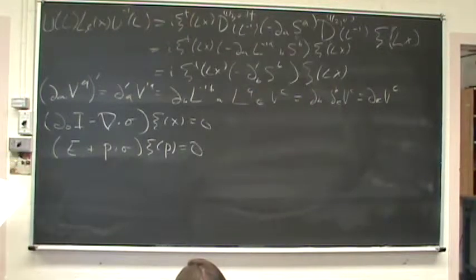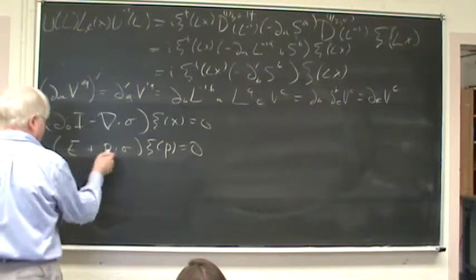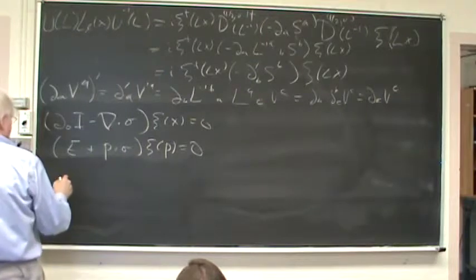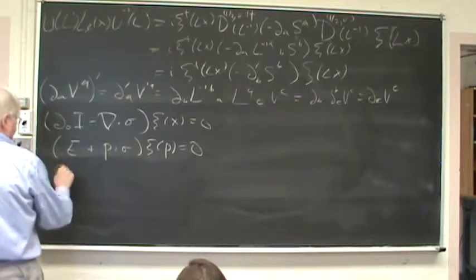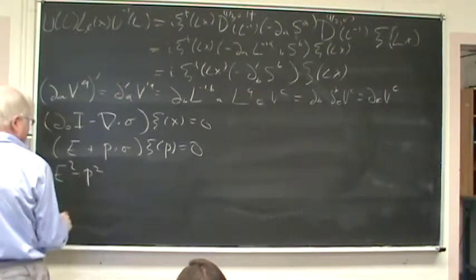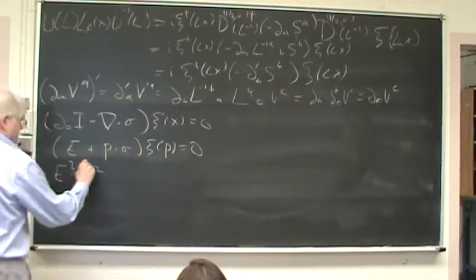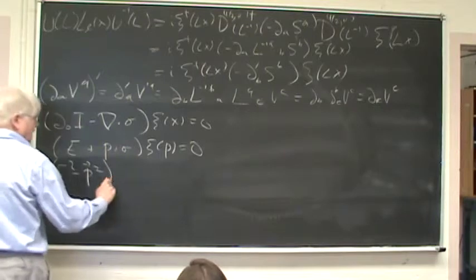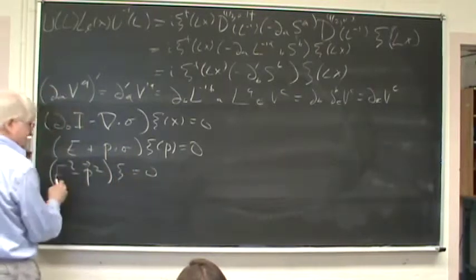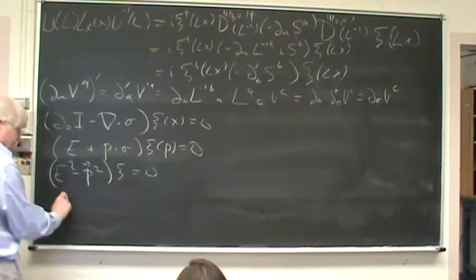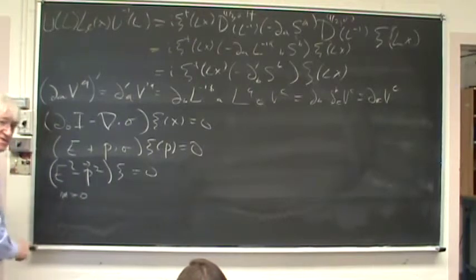And if we multiply from the left by E minus p dot σ, then what we get is E squared minus p squared, because (p dot σ) squared is p squared. This is just the p 3-vector squared. On ψ is 0, so E squared is p squared. That means the mass is 0. Okay, so this is a massless field.